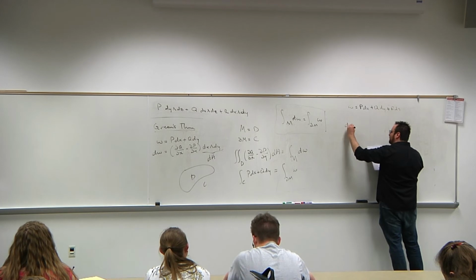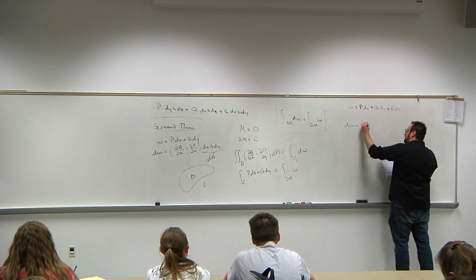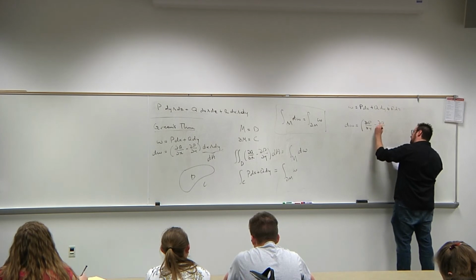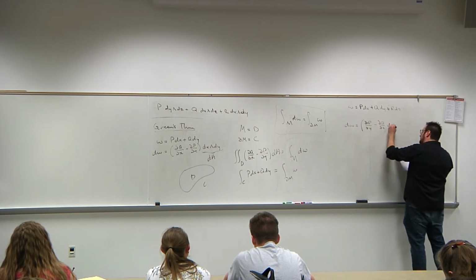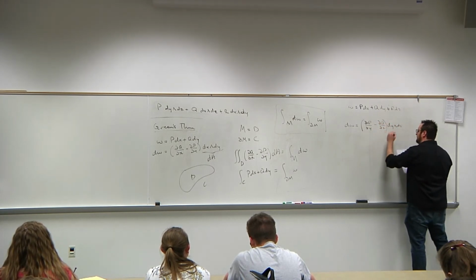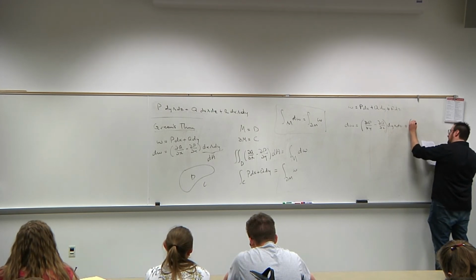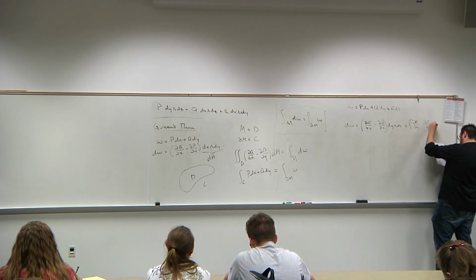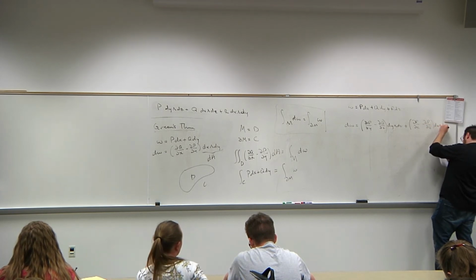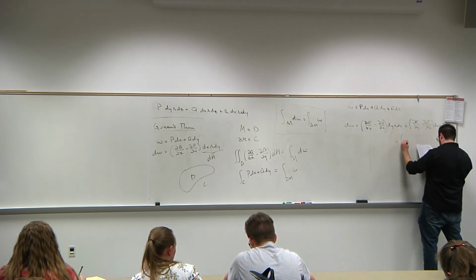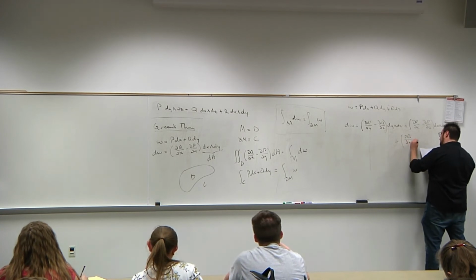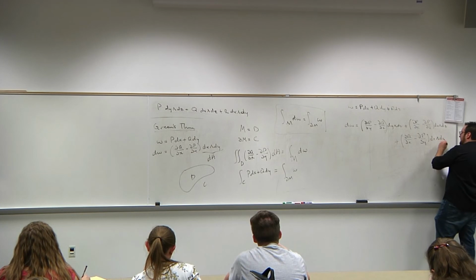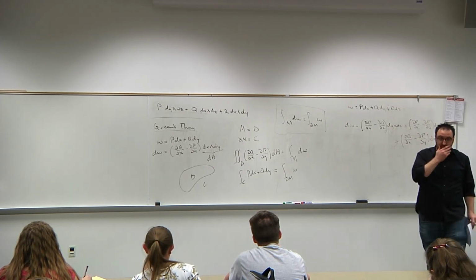Then d omega will turn out to be partial R, partial y, minus partial Q, partial z, dy wedge dz, plus partial R, partial x, minus partial P, partial z, dx wedge dz, plus partial Q, partial x, minus partial P, partial y, dx wedge dy. And you can figure that out just by using the formula we did before.